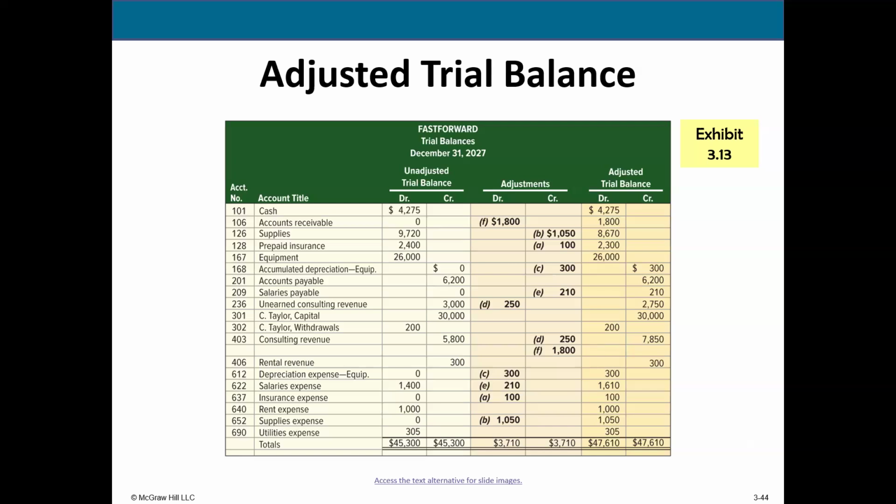This middle column that says adjustments stems from all of those adjusting entries that we made. The little letters next to them tie back to the exact entries that we made earlier.